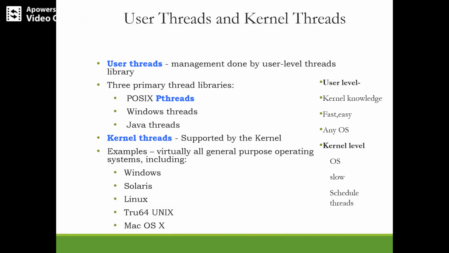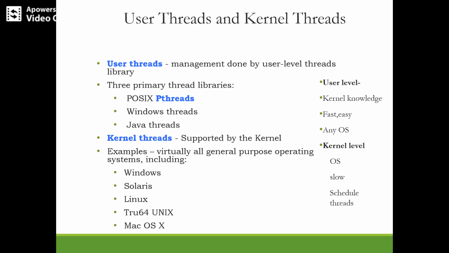Threads can be implemented in different ways, in user level mode as well as in kernel level mode. In a user level thread, it is the user who manages the thread library. Basic examples of thread libraries are POSIX threads, Windows threads, and Java threads.